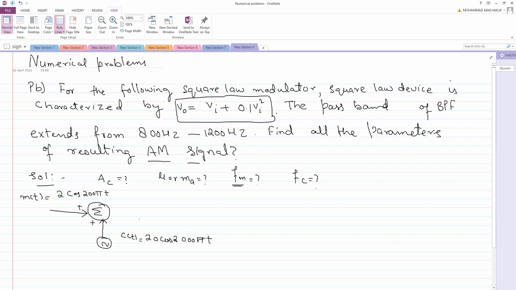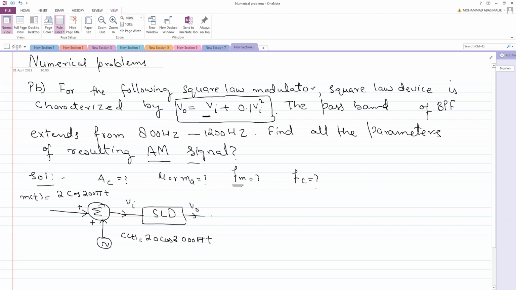The combination of these two is your Vi, and Vi goes to the scalar device. At the output you get V output, given by this equation.